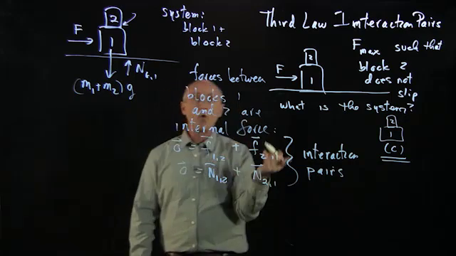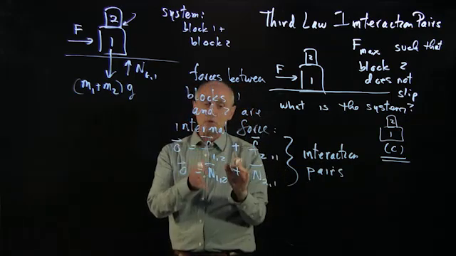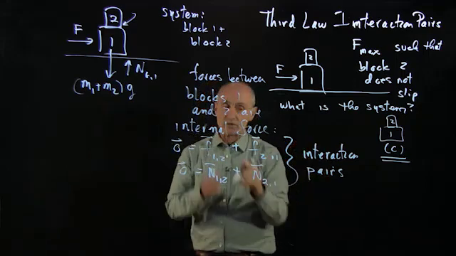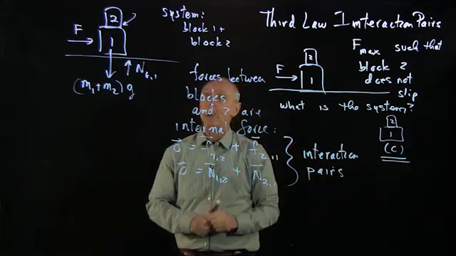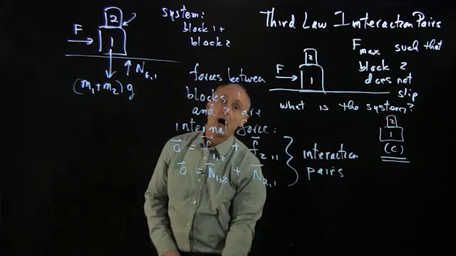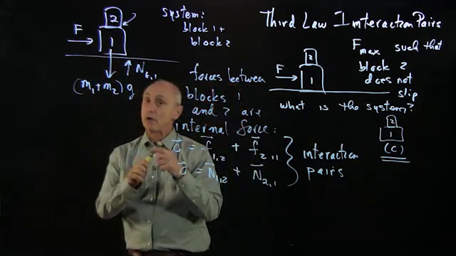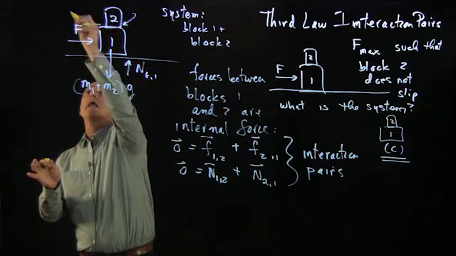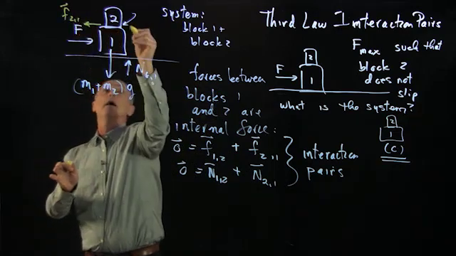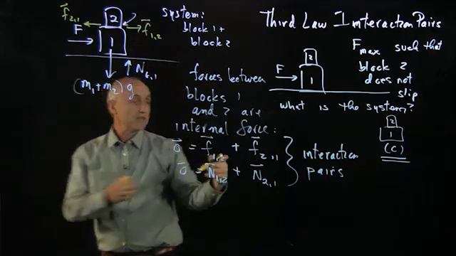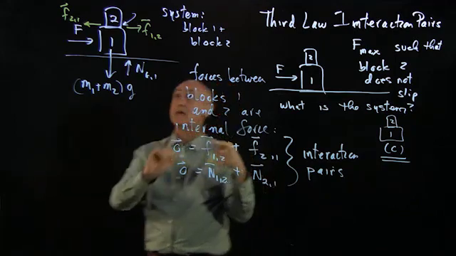And so we see that they're all internal forces, Newton's third law interaction pairs, and the vector sum of them is 0, and that's why I don't need those internal forces on my free body diagram. If I were to draw them, I would have the arrow F21 and the arrow F12, and you can see that the sum of those cancel.